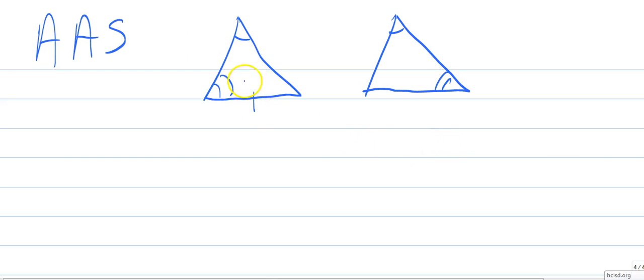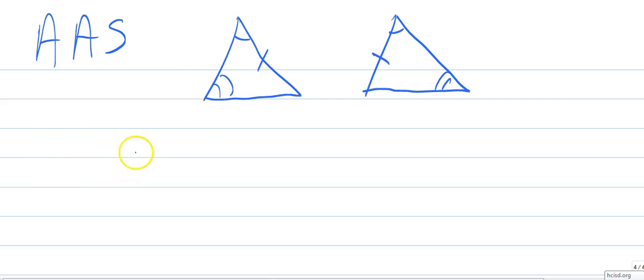It doesn't matter. That's still angle, angle, side. As long as it's not in between them, that's okay. These two angles are congruent. The two triangles are congruent, as long as the side is off to the side.